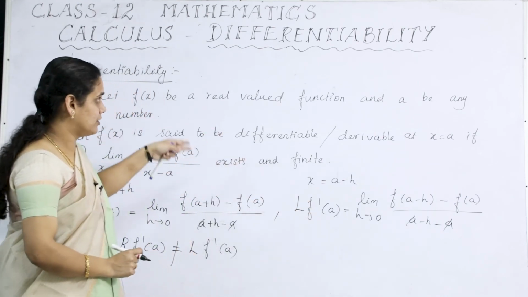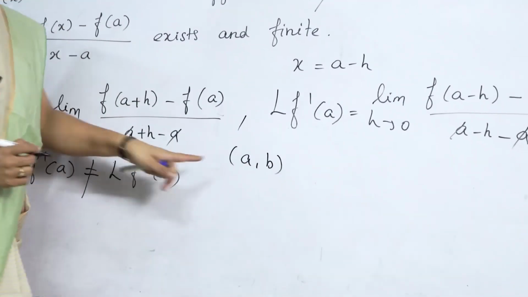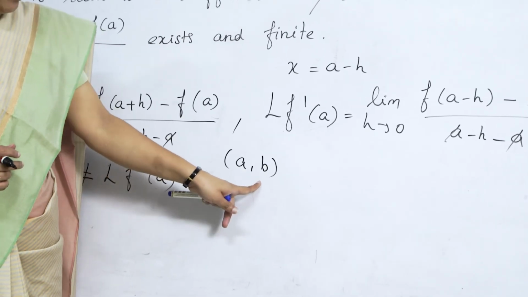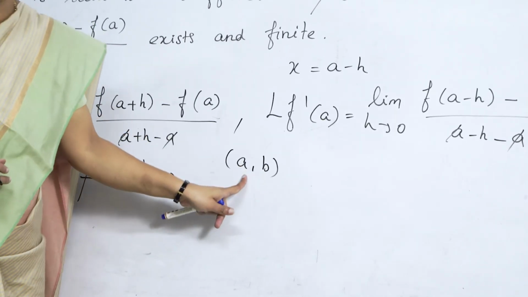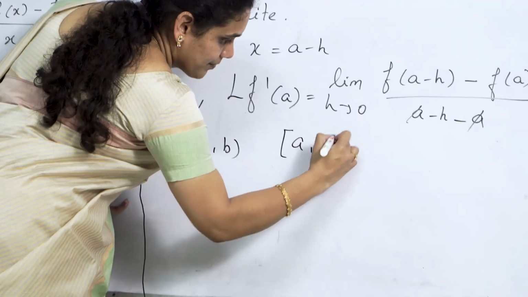Similarly, how we have learned for the interval a, b, if we say that the function f(x) is differentiable in this open interval (a, b), if it is differentiable at every point of (a, b). Right? And what about this closed interval?